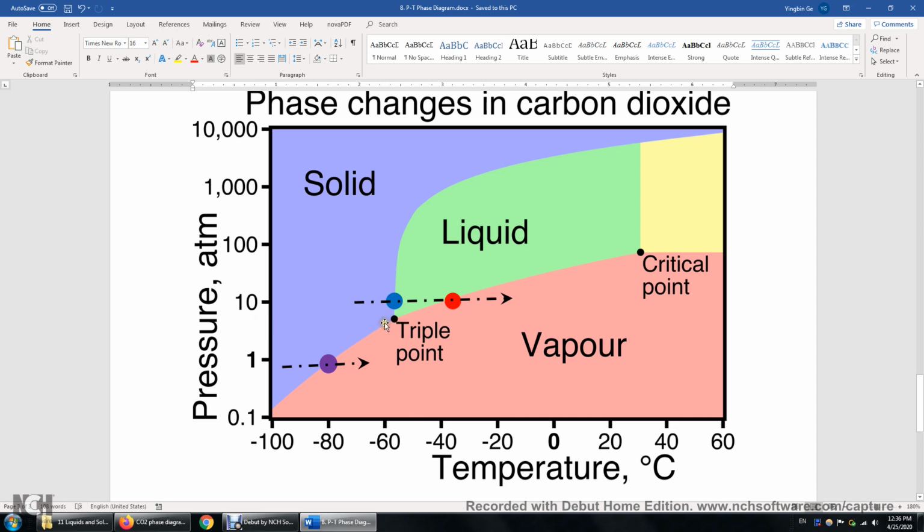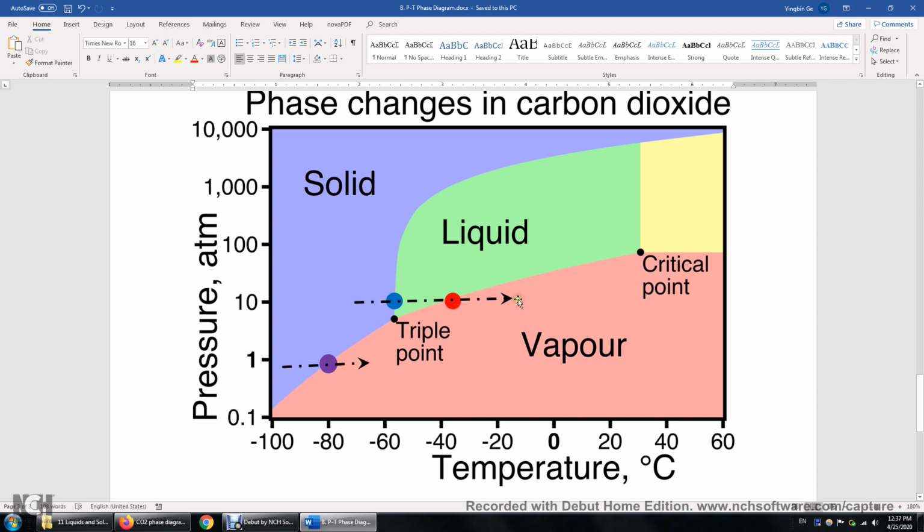So to observe liquid CO2, you need higher than 8 atm pressure, and the right temperature range from here to here. For example, let's look at 10 atm pressure. Now we can observe liquid CO2 between negative 55 degrees Celsius and negative 35 degrees Celsius. So within this temperature range, under 10 atm pressure, liquid CO2 exists.